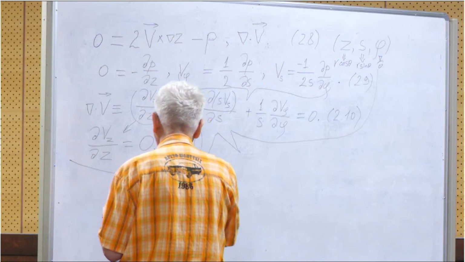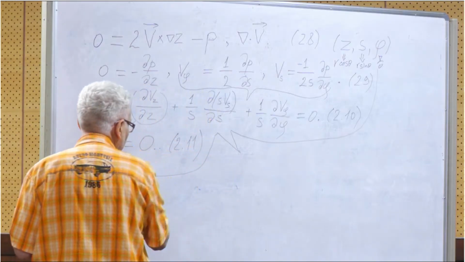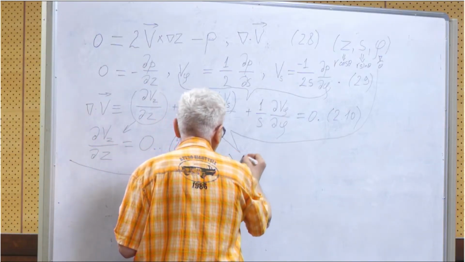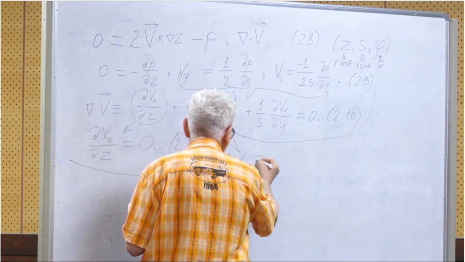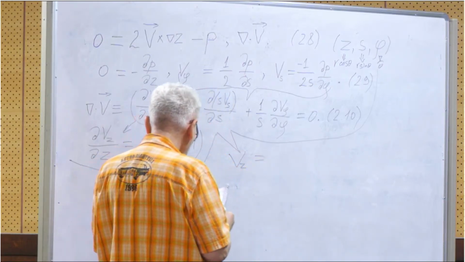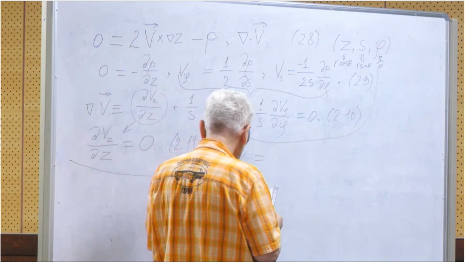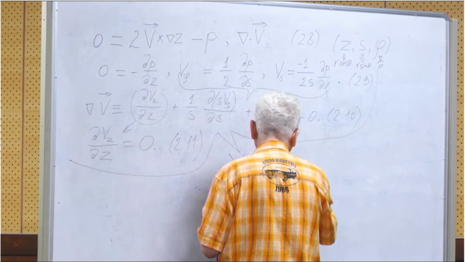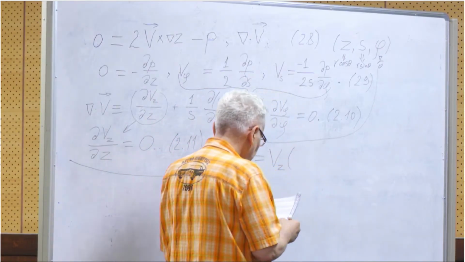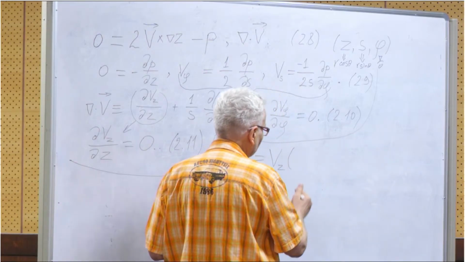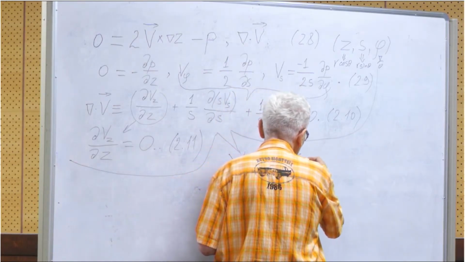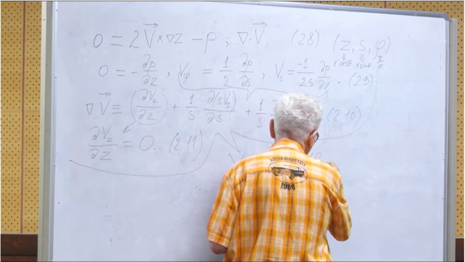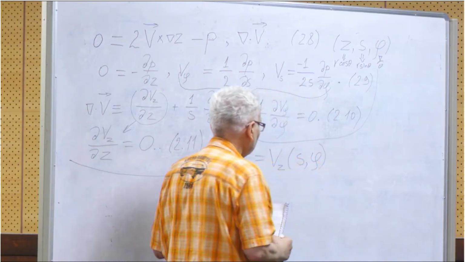So we have, in the first place, of course, Vz, and it's necessary to stress that it's independent of the z coordinate, so it's dependent only on s and phi coordinates.